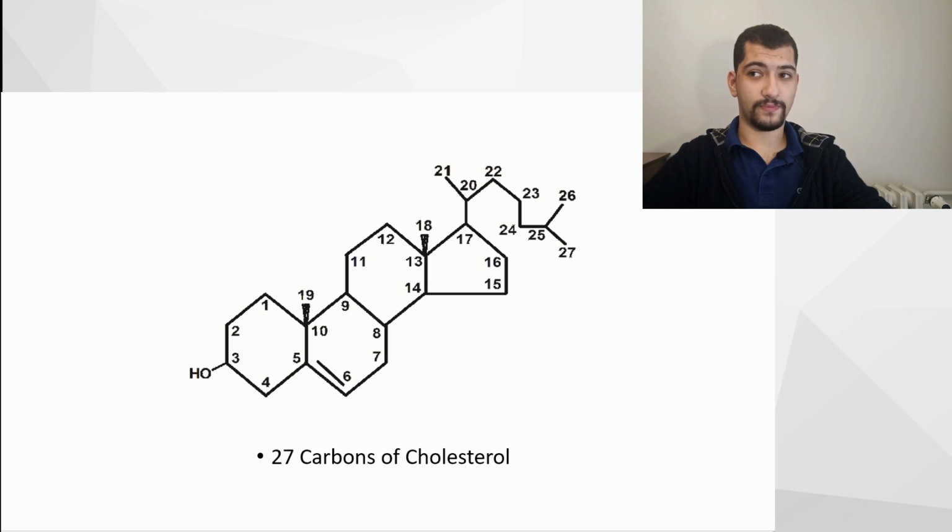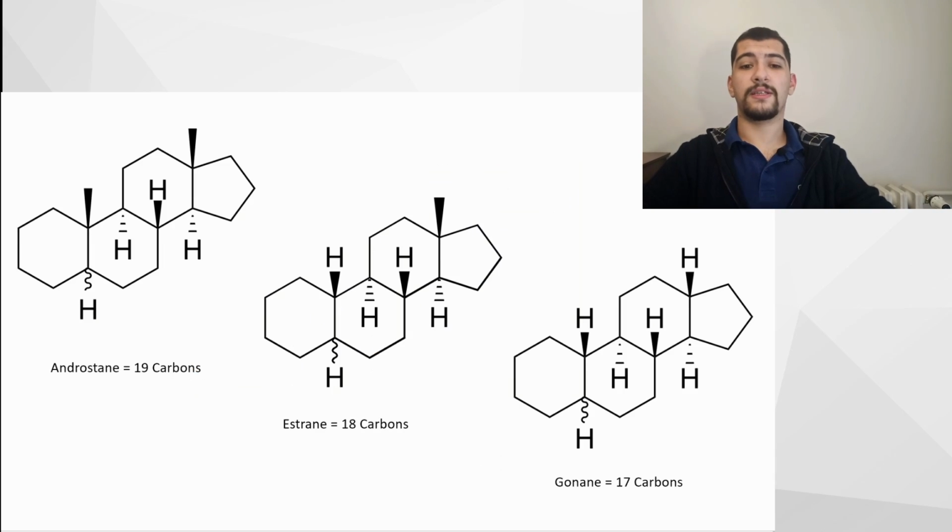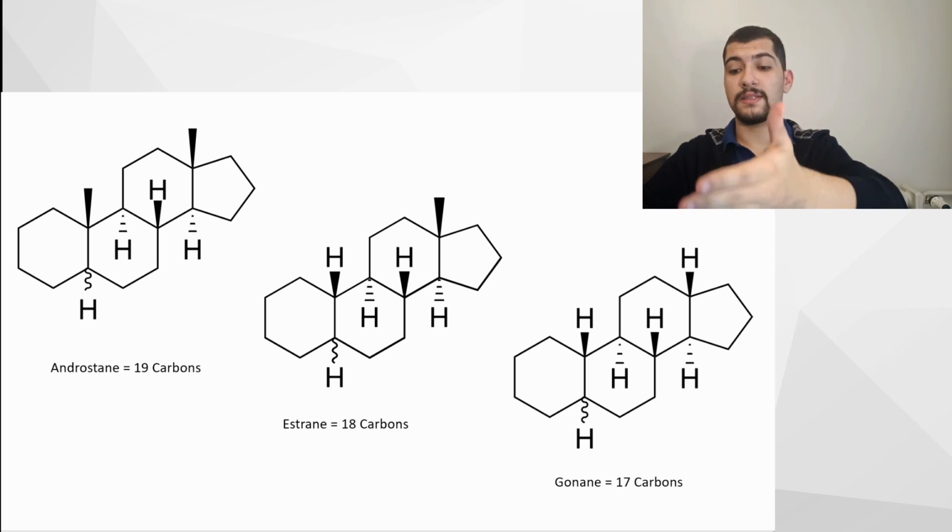For example, cholesterol has 27 carbons, but androgens have 19 carbons, estrogens have 18 carbons, and gonanes have 17 carbons.